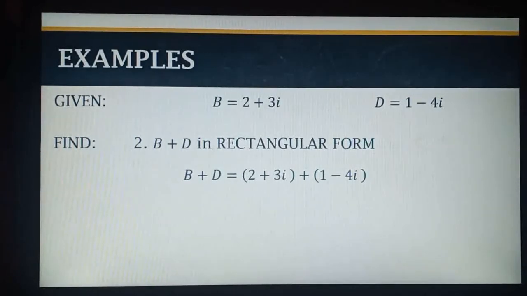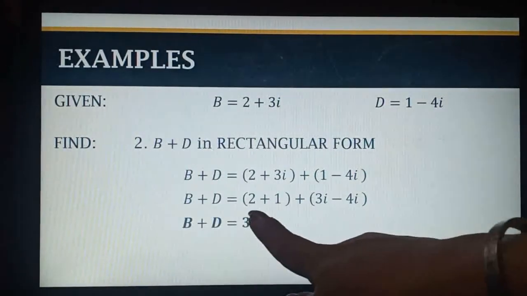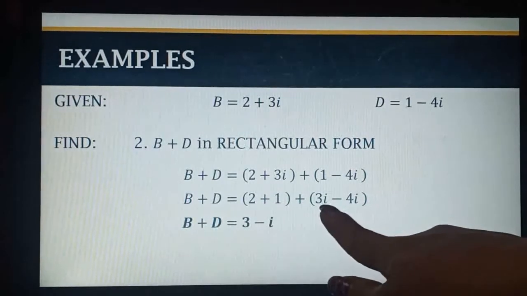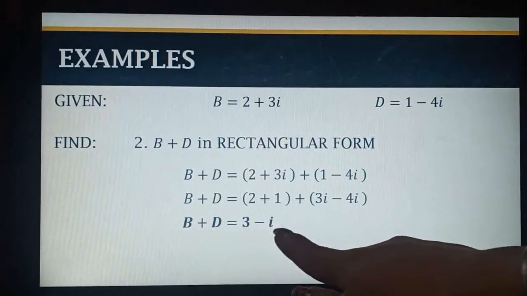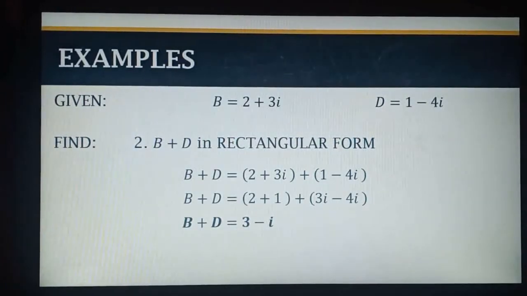So real part is 2 plus 1. Then the imaginary part is 3i minus 4i. So you will have B plus D as 2 plus 1 is 3. Then 3i minus 4i is negative i. So you will have B plus D as 3 minus i.